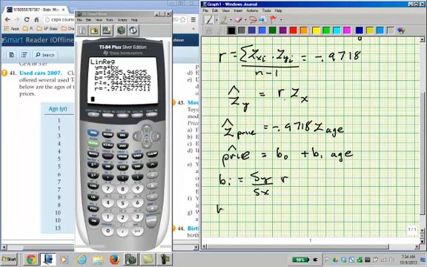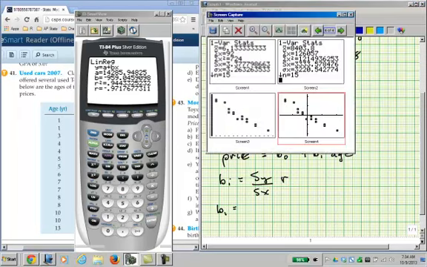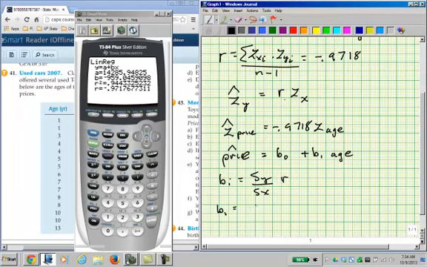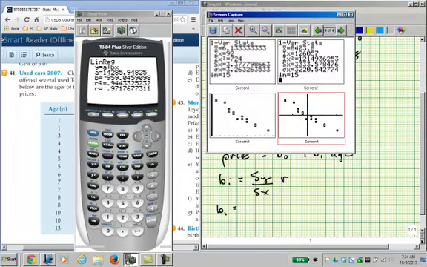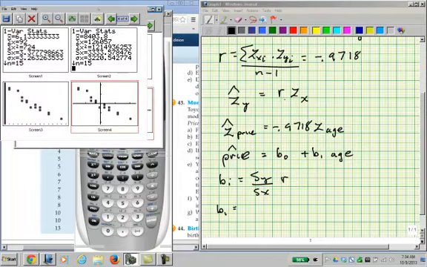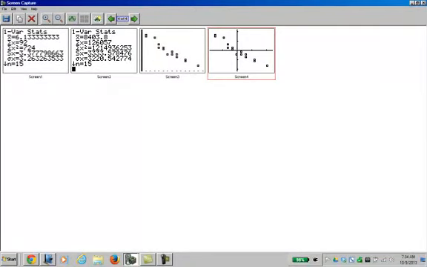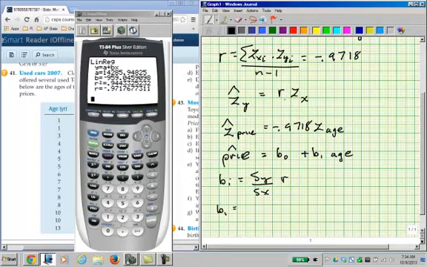So b sub 1 is going to equal, well, let's look at our statistics here. Let me put the statistics where they're not going to disappear. Over here, there we go.